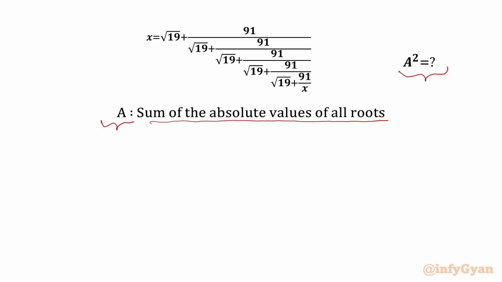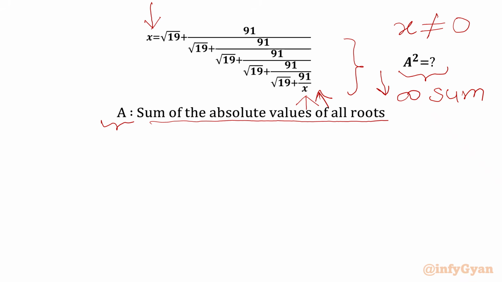So let's get started by writing here x cannot be equal to 0 as we have x in the denominator. Now if I plug in the value of x in the RHS, we are going to get an infinite sum in the RHS.